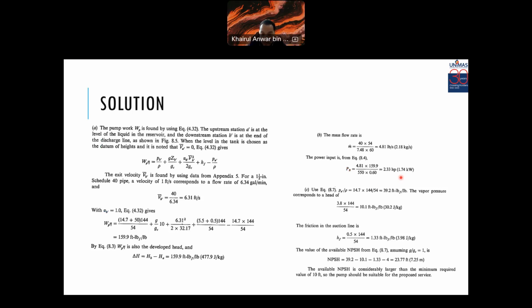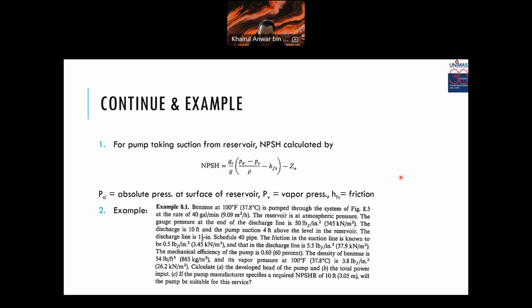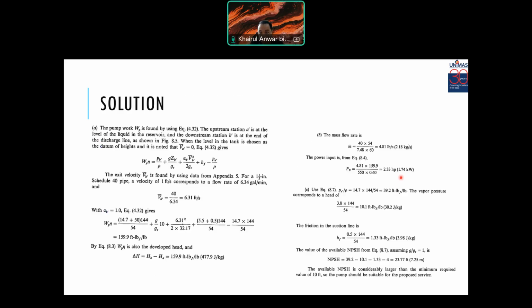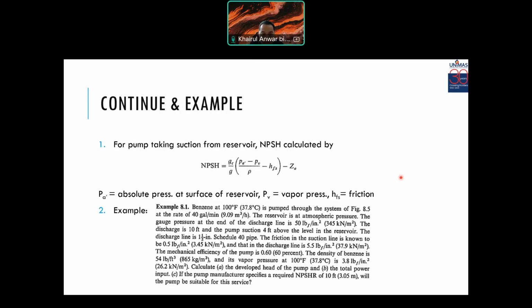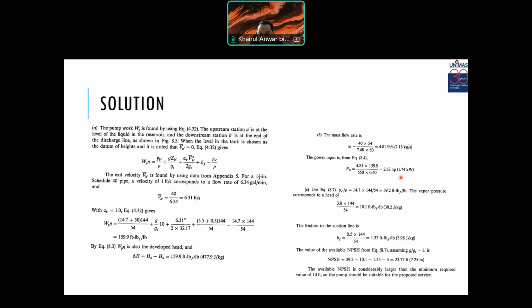Next is, what is it? Total power, sorry, NPSH. So using equation 8.7, PA, the absolute pressure at the surface of the reservoir, divided by rho, when the vapor pressure corresponds to the head is 10.1.